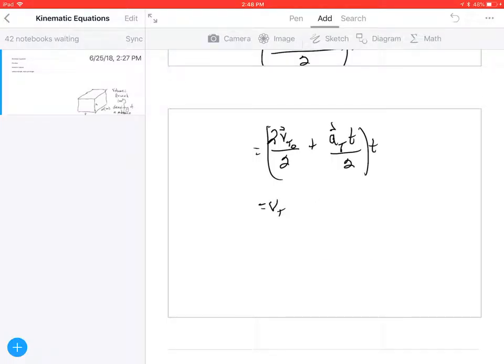So we end up with VT initial plus 1/2 AT T squared.